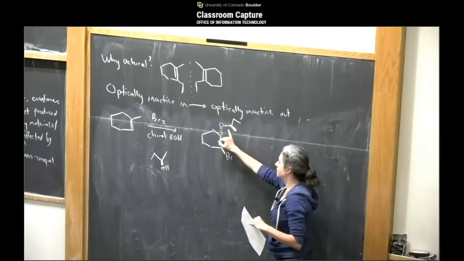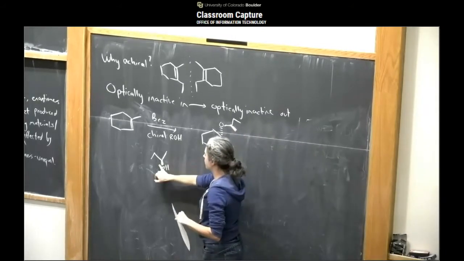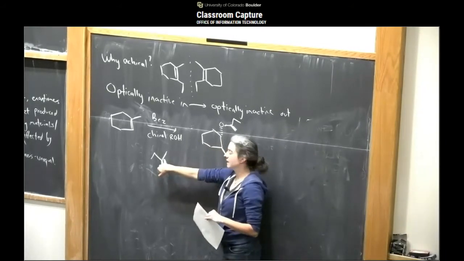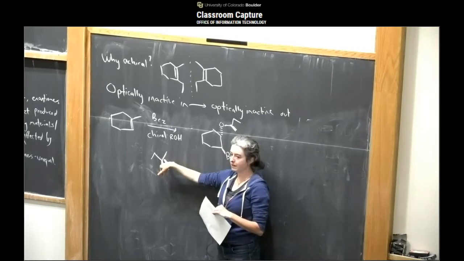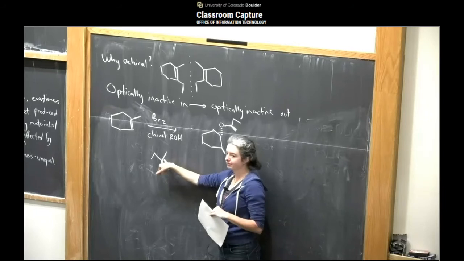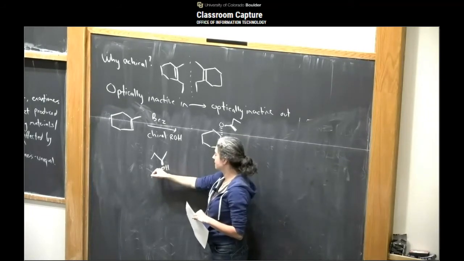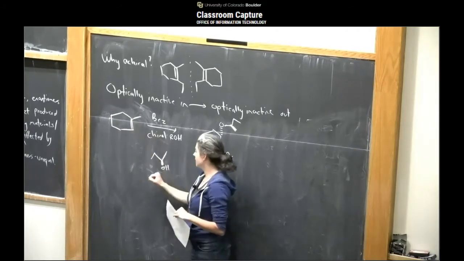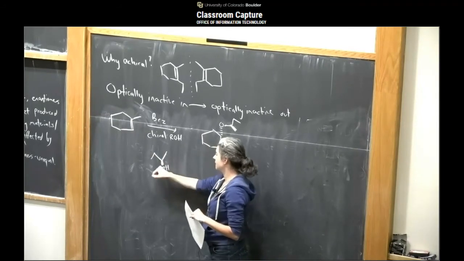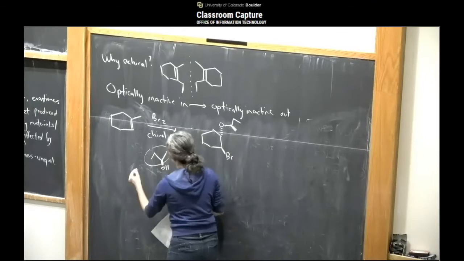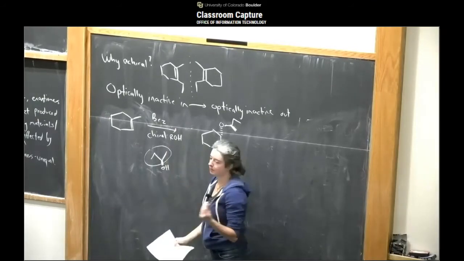Again, you can double check, this should have been R to start out with. Is this carbon of the alcohol getting impacted or changed by the reaction at all? Remember that the ROH oxygen is the one that attacks, and then later the oxygen's H gets deprotonated. So this carbon, this whole deal over here, is unchanged by the reaction.